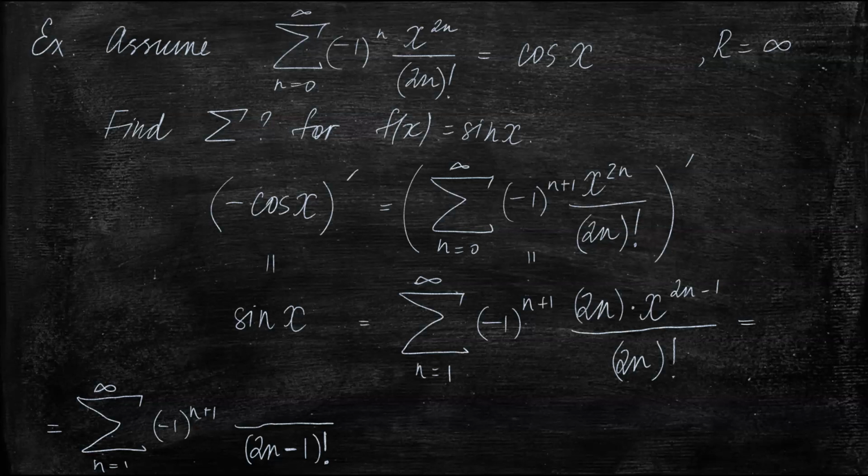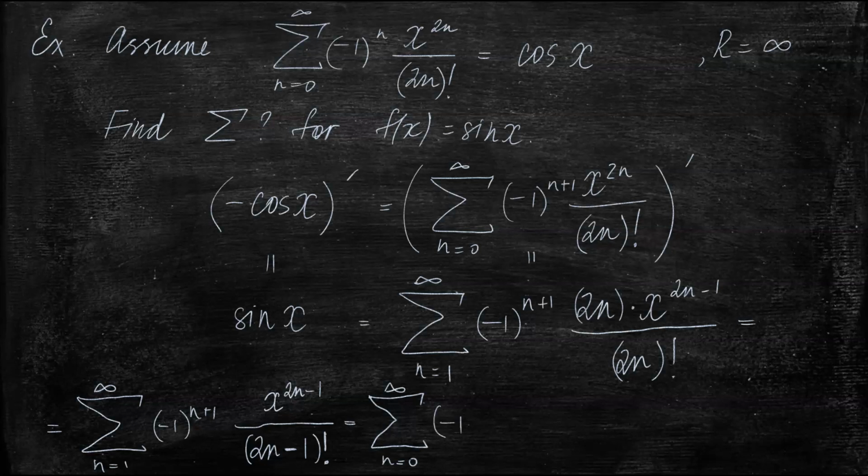And then the only thing that's left for us to do is to reindex it. And we reindex it by changing the starting value back to 0, but adding 1 to every appearance of n in the expression. And here's what's going to happen.